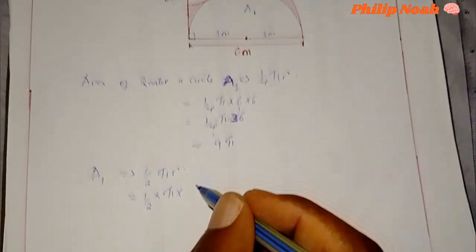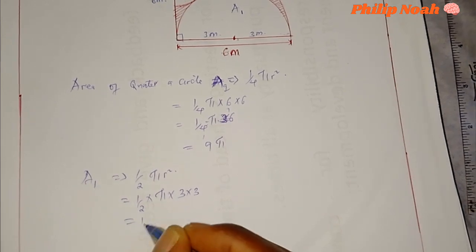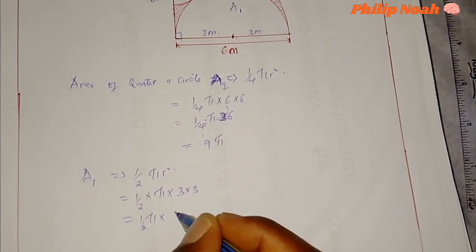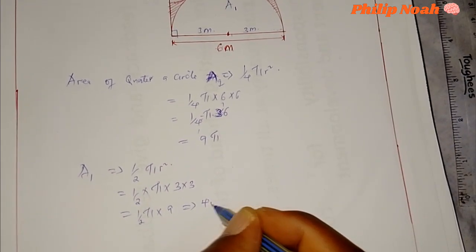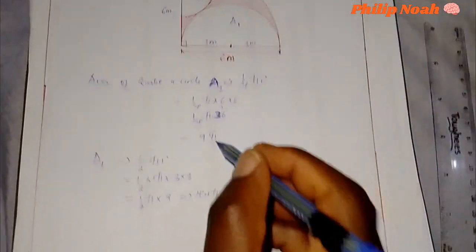So the radius will be 3 times 3. We get a half pi times 9, which becomes 4.5 pi. Are you together?